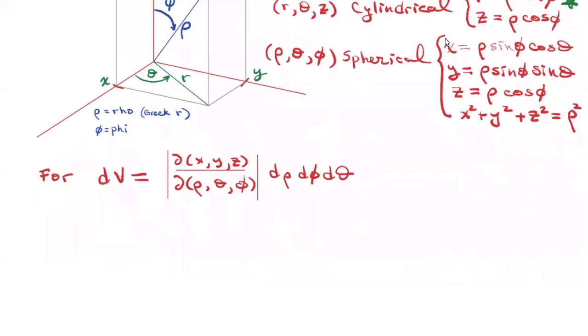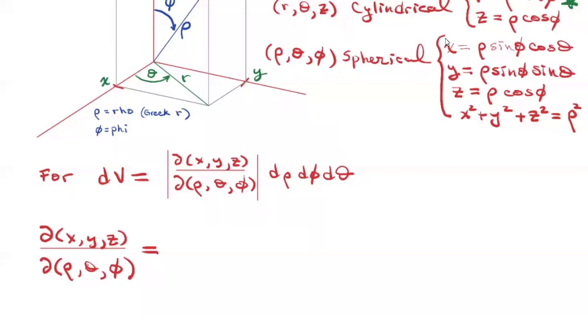Okay, so the definition, let's just do our Jacobian here, partial of x, y, and z with respect to all three independent variables, rho, theta, and phi. Again, this is called a Jacobian, which is just a matrix with all the partial derivatives of all the functions.